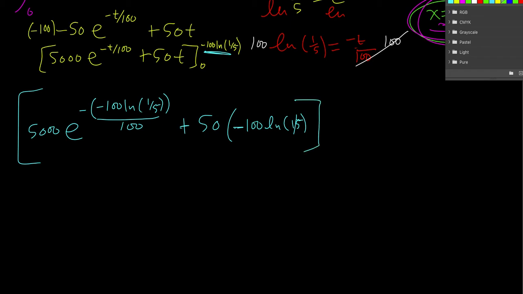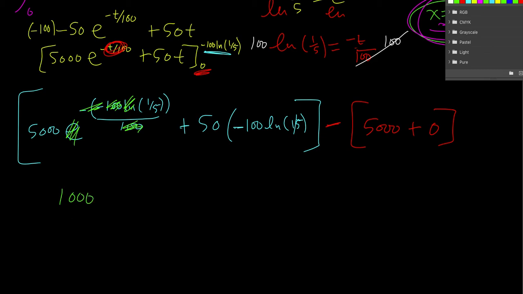Now the other piece: if I plug in a 0 here, e to the 0 is 1, and so I just get 5,000, plus, if I plug 0 in, that's just a 0. I'm hoping a bunch of stuff cancels. So these negatives cancel, these 100s cancel, e and natural log cancel, and so it's really just 1/5 times 5,000, and so that's just 1,000.